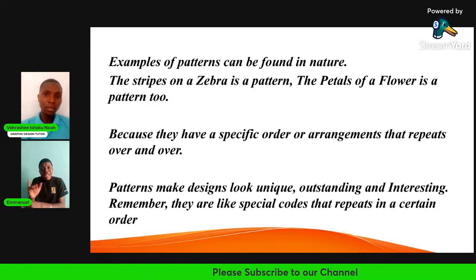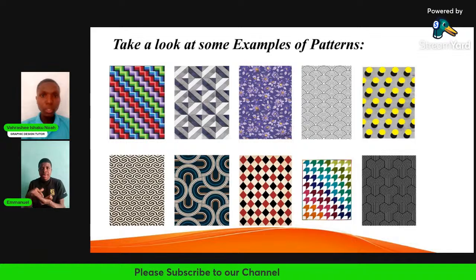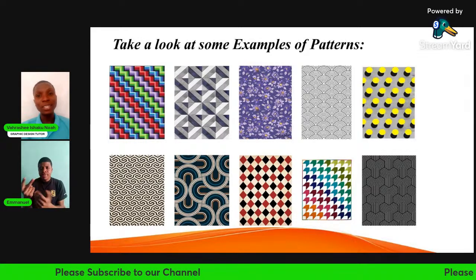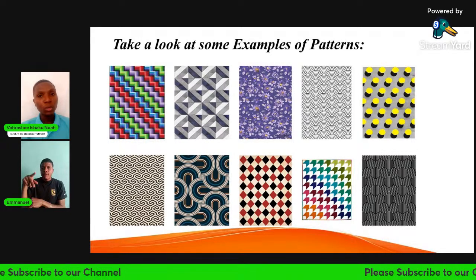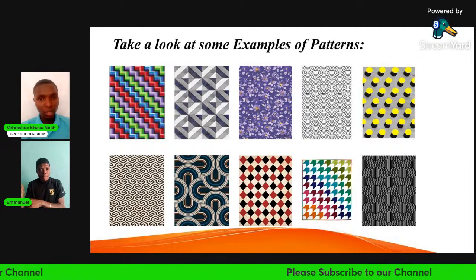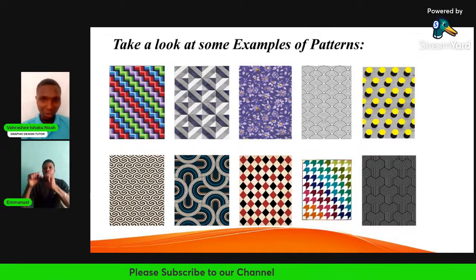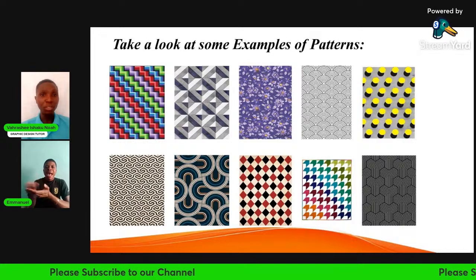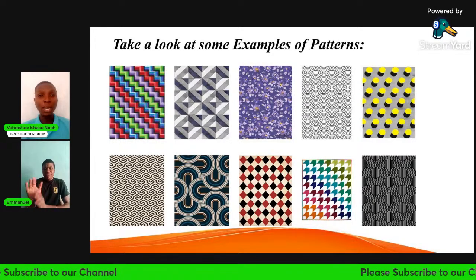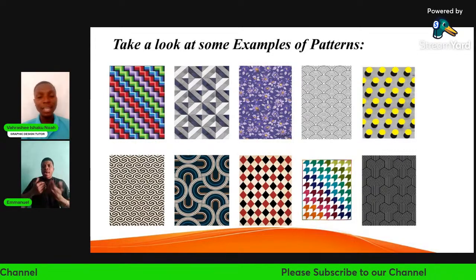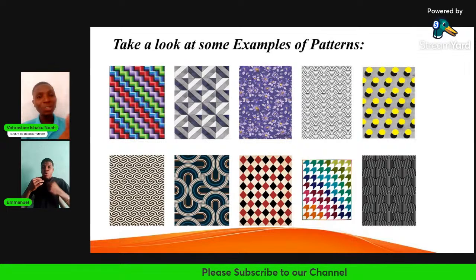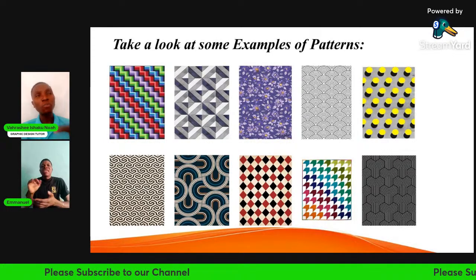I think we have a picture here. Now take a look at examples of pattern. So these are shapes and colors that repeat over and over again. They create a beautiful pattern. So we have clothes that have patterns. You can have a design with a pattern. So that is just what pattern means. It's something repeating itself over and over again.